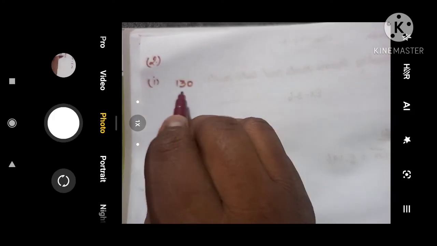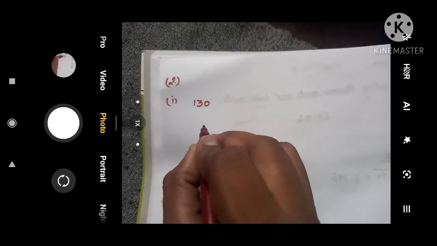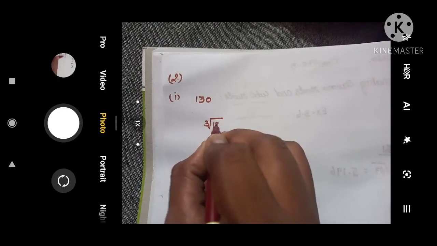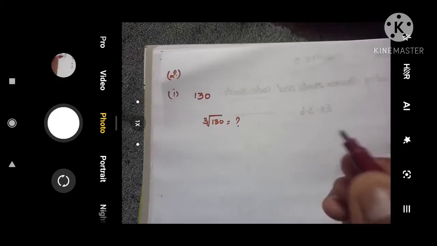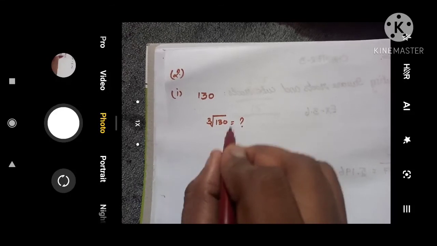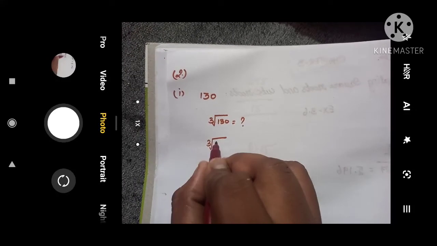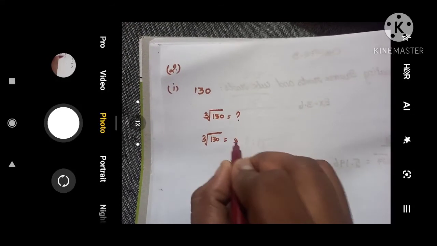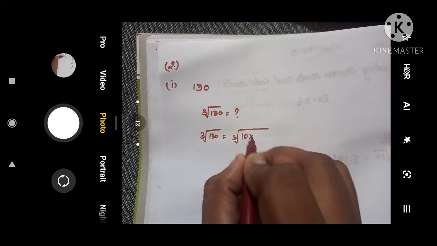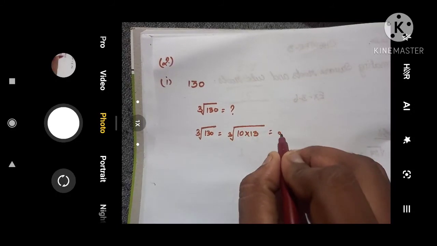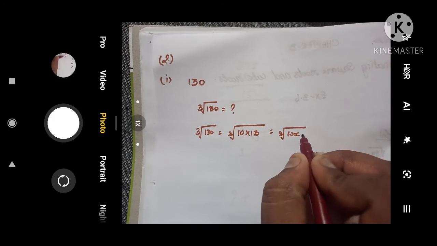So we need to find out this one. So cube root of 130 we need to find. So first we need to write this cube root of 130 is equal to cube root of 10 into 13 is equal to cube root of 10x. Okay.